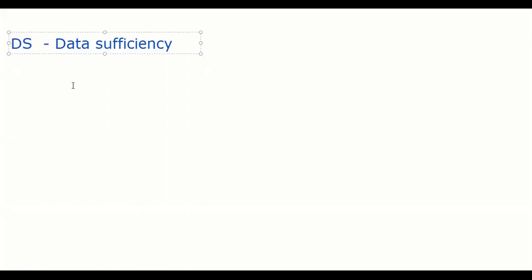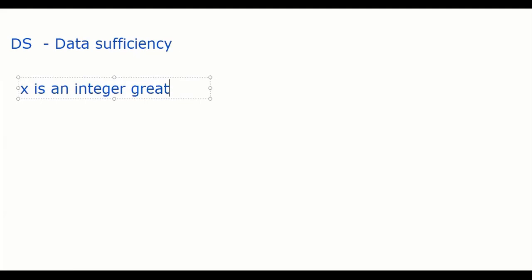For example, data sufficiency means some data will be given. Let me give you an example question. X is a number, or X is an integer greater than 5.